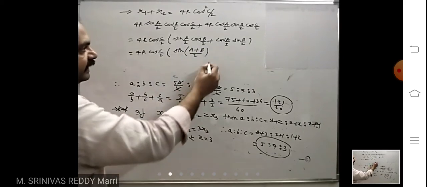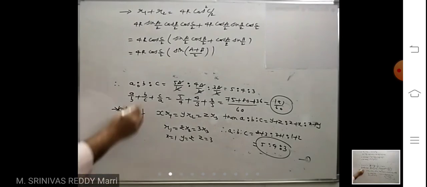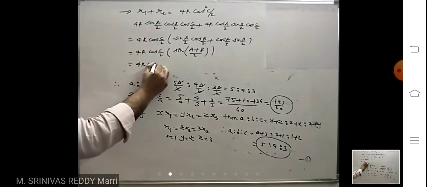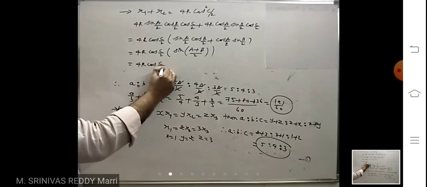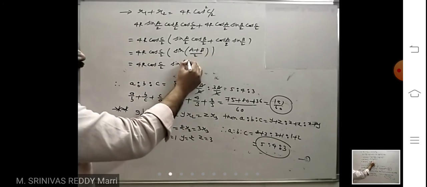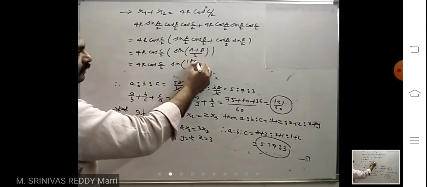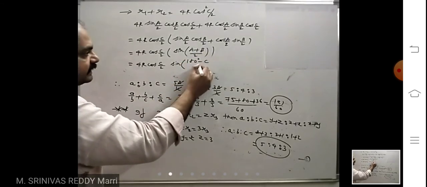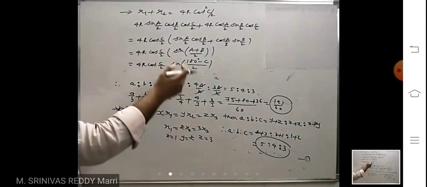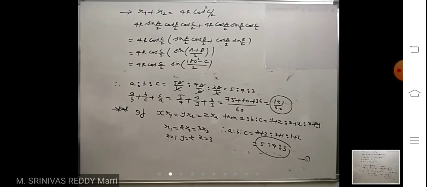So 4R cos C by 2 into sin of A plus B by 2, which is nothing but 180 degree minus C divided by 2. Right? Because A plus B plus C is 180 degree. Sum of two angles is 180 minus the third angle.